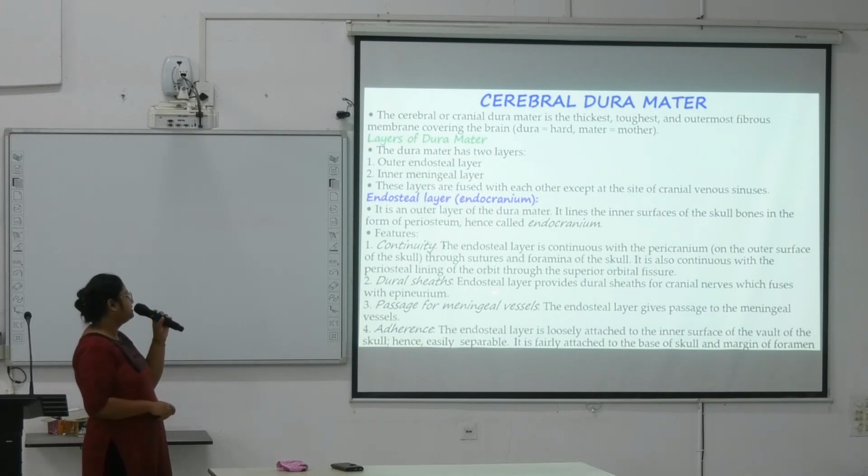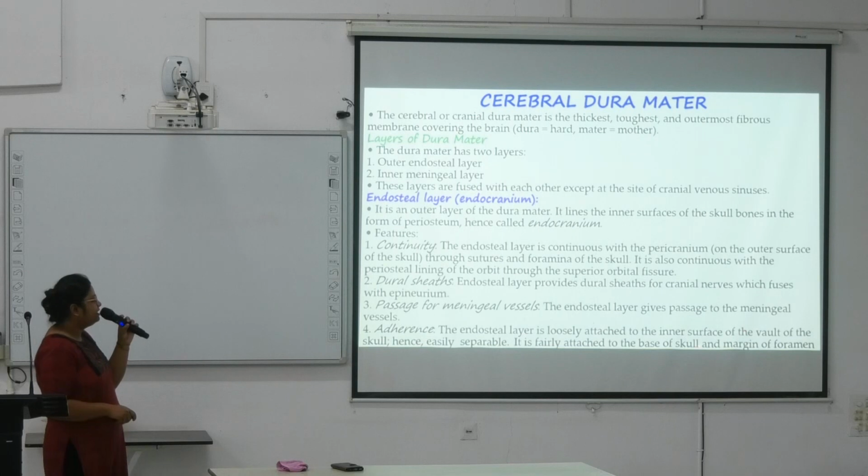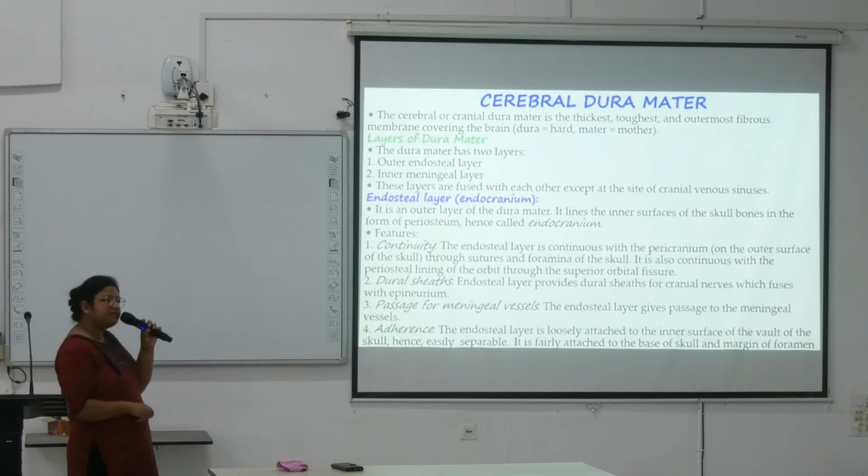Dural sheath: the endosteal layer provides dural sheaths for cranial nerves, which fuse with the epineurium. It is also the passage for meningeal vessels. Adherence: it is loosely attached to the inner surface of the vault of the skull, making it easily separable, and it is firmly attached to the base of the skull and the margin of the foramen magnum.